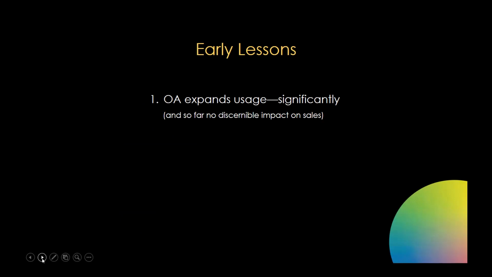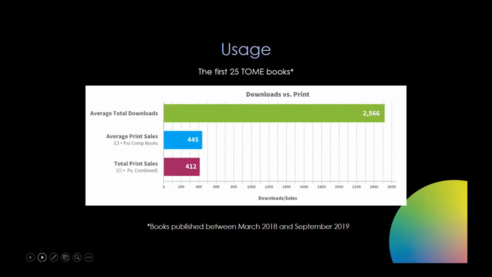Next slide, please. So just to give you a sense of the usage, in those first 25 books you can see the number of downloads, and that's chapters and full book downloads, versus average print sales. The blue line there is what the average print sales are when a book is available as a Tome book. It is available as a print book and as an OA book for free download.